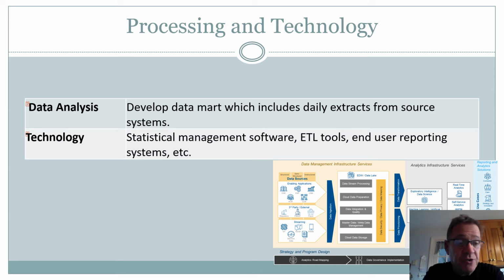Processing and technology. Your data analysis and technology are really quite similar to the other use case we were talking about. You'll be developing a data mart, which includes extracts from your source systems, and creating your different push and pull reports. And from a technology perspective, you'll want statistical management software. You want a good solid set of ETL tools and end user reporting systems.